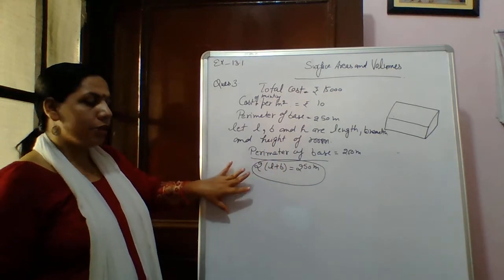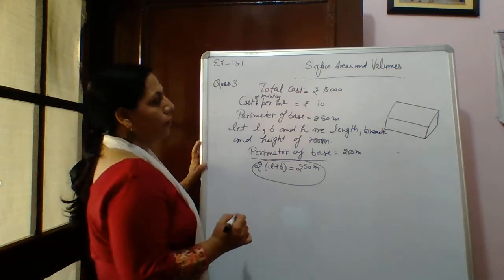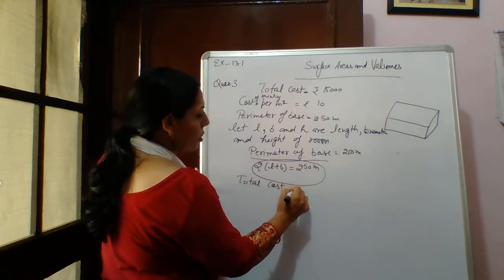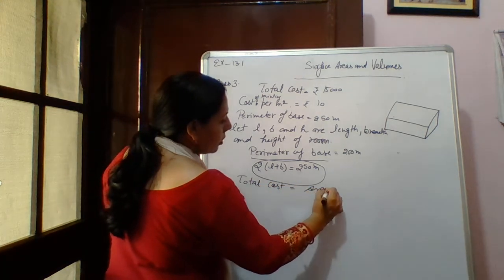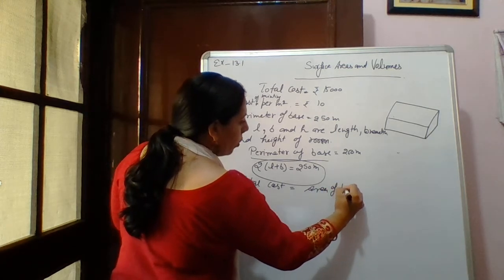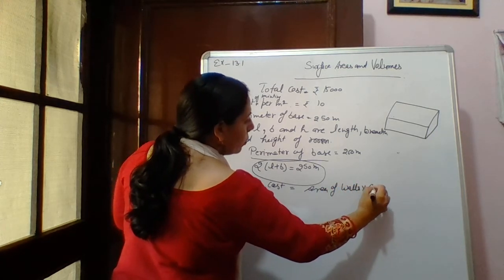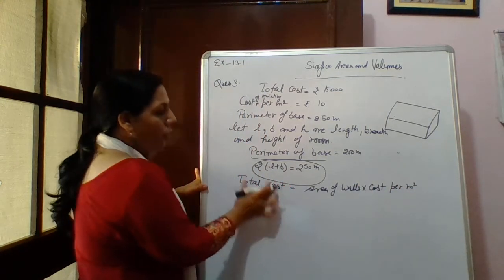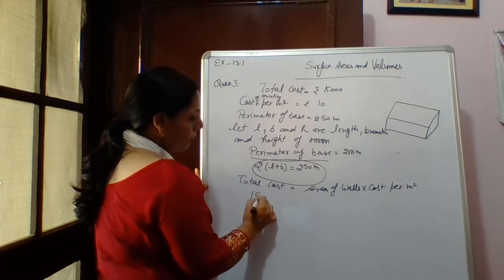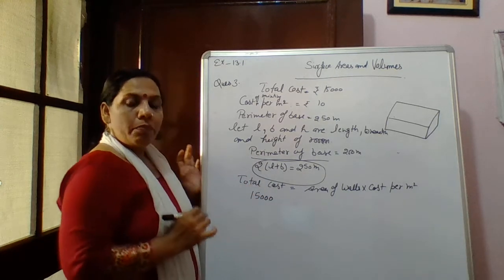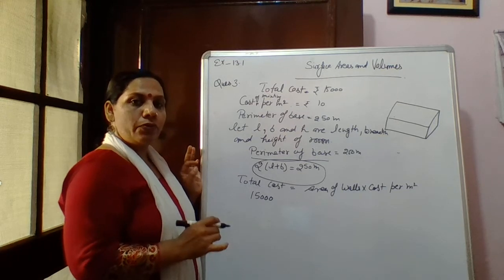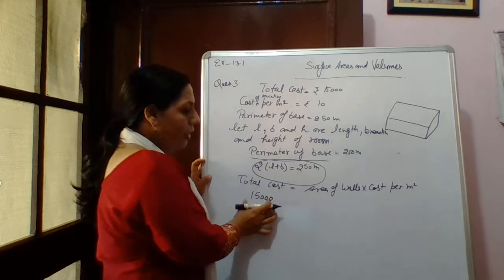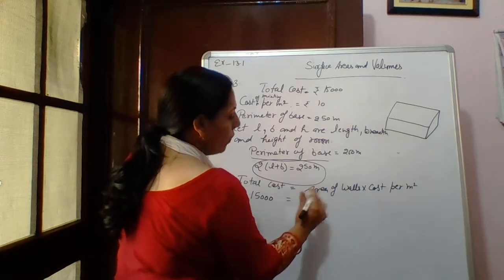We will use this, we will leave this here for now. Now we move to the next point. Total cost equals area of walls into cost per meter square. Total cost, what is that? That is given, 15,000. I am only putting in the formula the values which I know. I know the total cost, that's why I'm writing here 15,000. And what is the area of four walls?